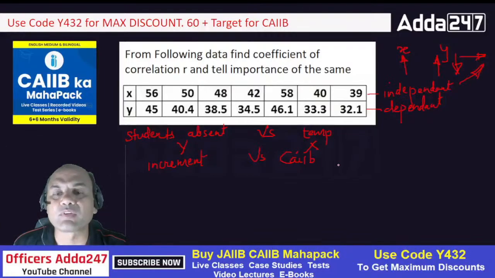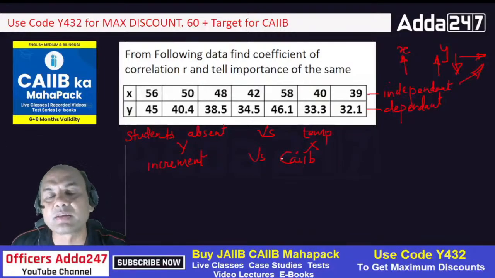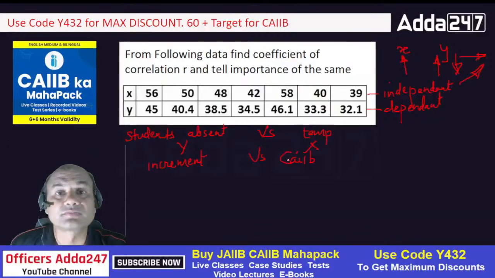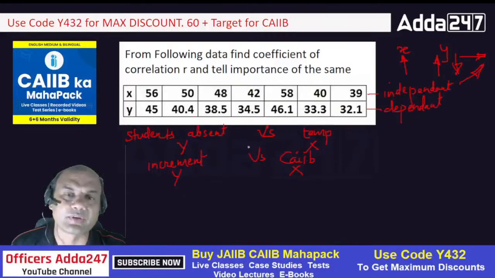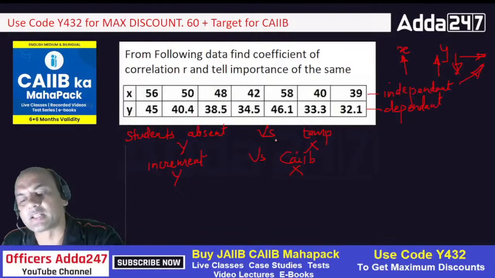What is dependent and what is independent? CAIIB clearing is independent, and increment is dependent on CAIIB clearing, right? This directly relates to you. So you must clearly identify what is x and what is y. Let's move on.